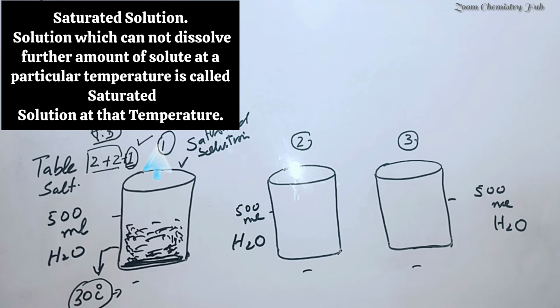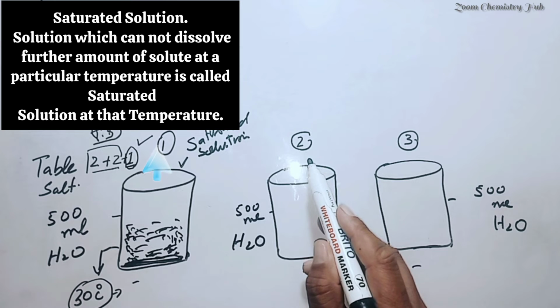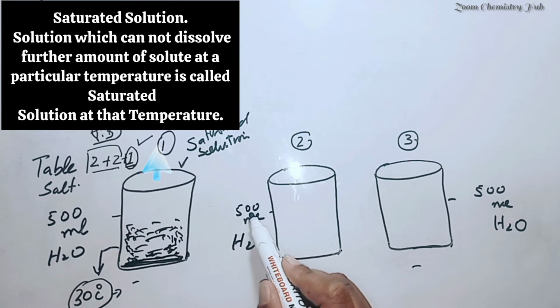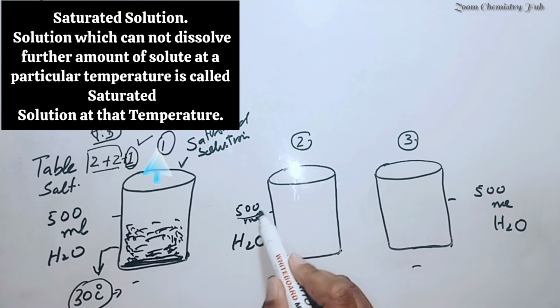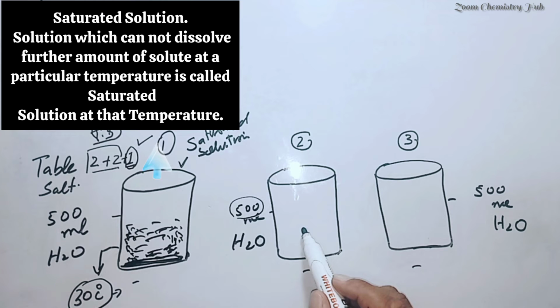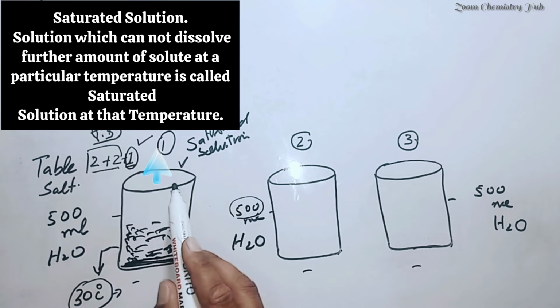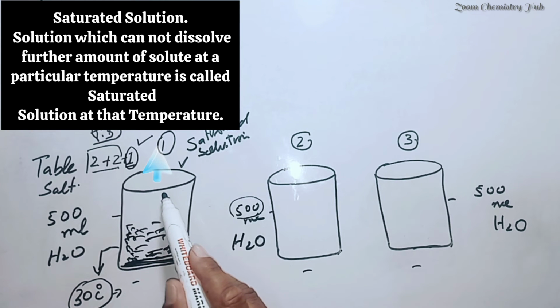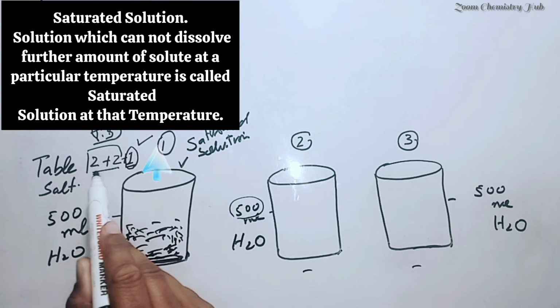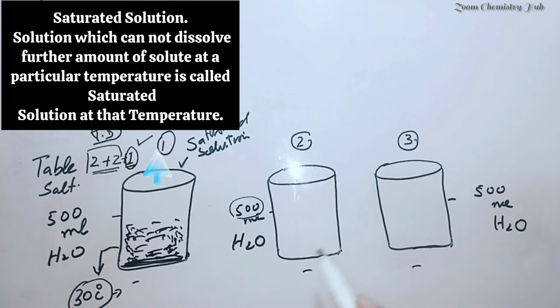Similarly comes the unsaturated solution. What is unsaturated solution? For understanding this, first we will take an experiment. In these three beakers we take the equal volume of water, that is this beaker number 2 contains 500 milliliter of water, and we know that in the first beaker it can dissolve 4 teaspoons of table salt.